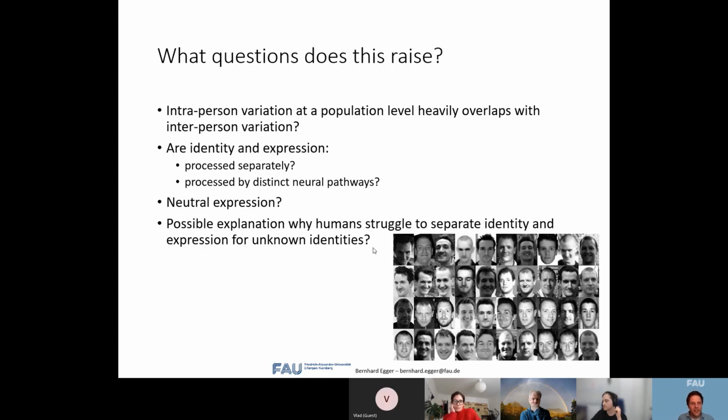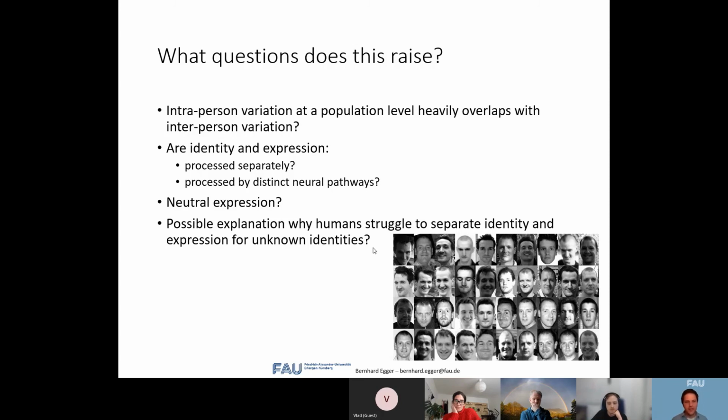And the last one might be a far reach, but this identity expression ambiguity, together with a lot of other ambiguities, might be one of the reasons why it's so incredibly hard for us to separate identities of people that we have not met before.